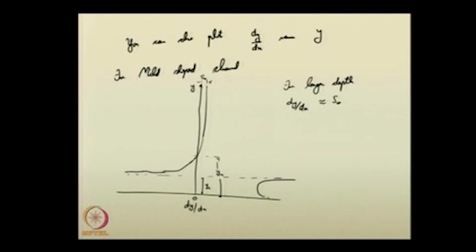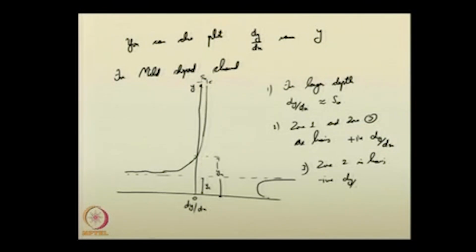So, like this you can easily suggest now. When you plot dy by dx versus y, it is understood that zone 1 and zone 3 have positive dy by dx, and zone 2 has negative dy by dx.